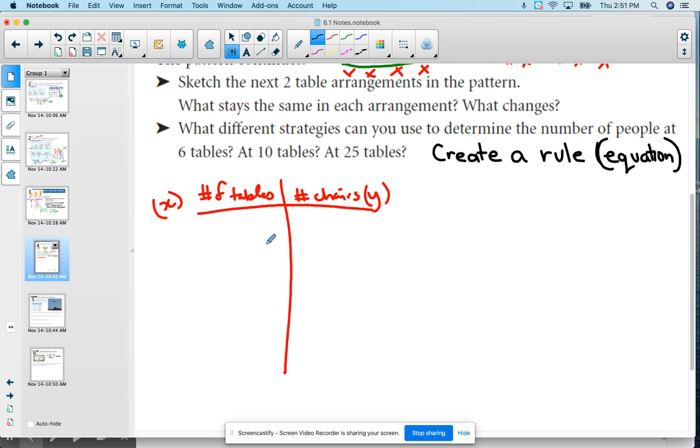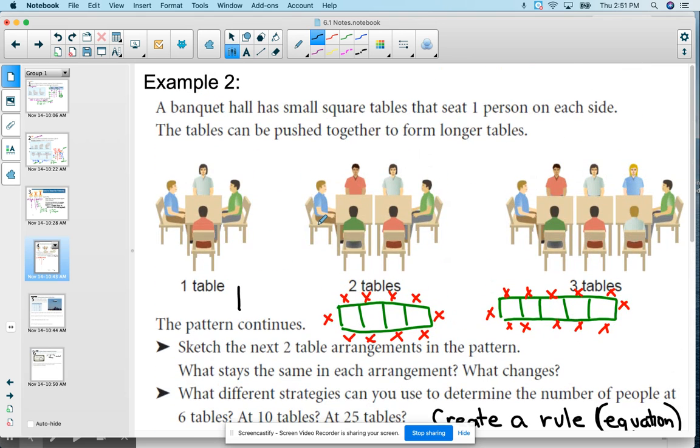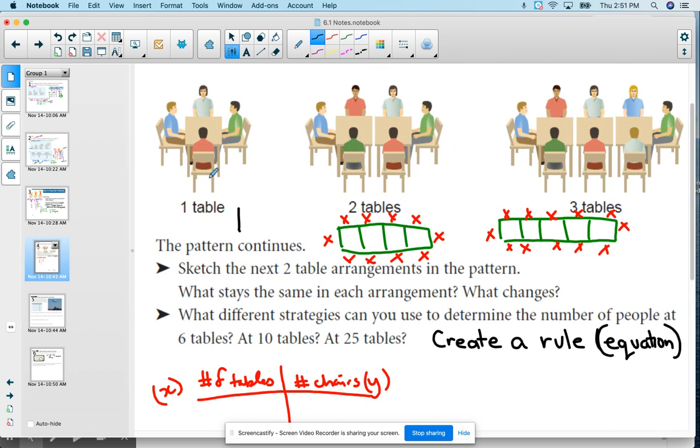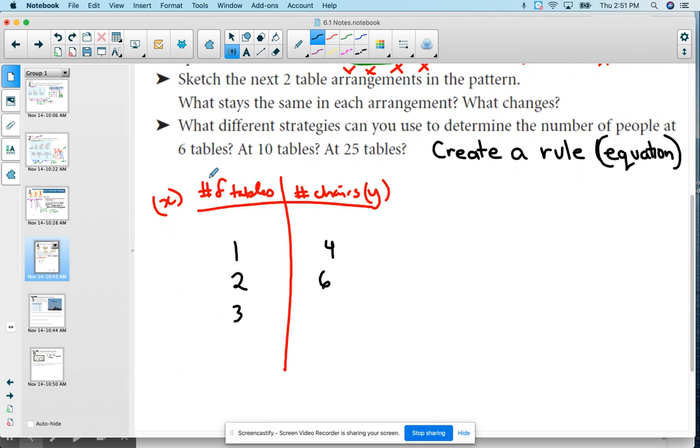At table number 1, I am counting 1, 2, 3, 4 people. Table 2, I'm counting 1, 2, 3, 4, 5, 6. At table 3, I'm counting 1, 2, 3, 4, 5, 6, 7, 8. And I could use my ones that I drew to also continue this pattern.